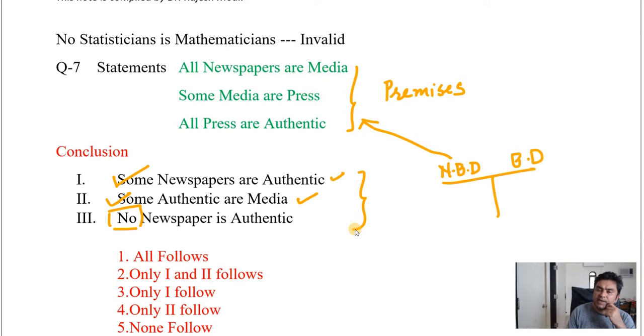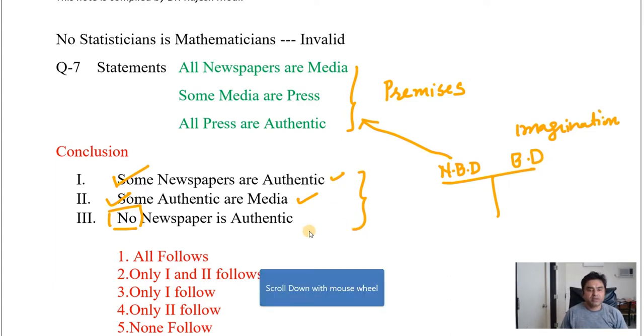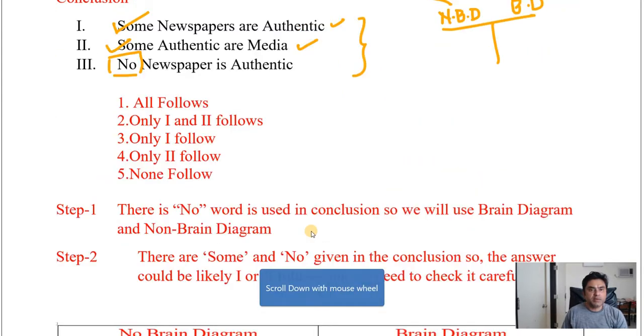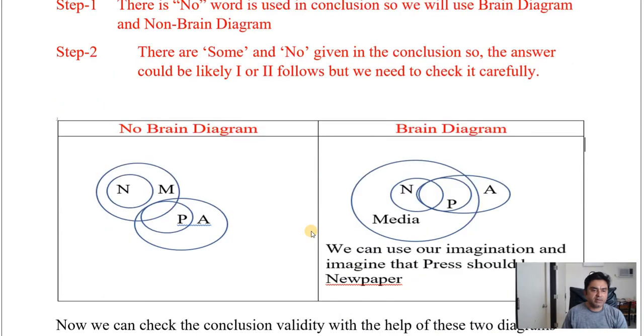So now let us see. Number one, some newspapers are authentic. Some media are press.